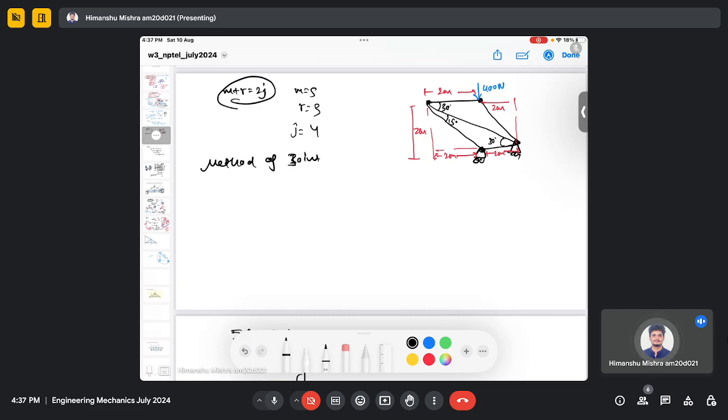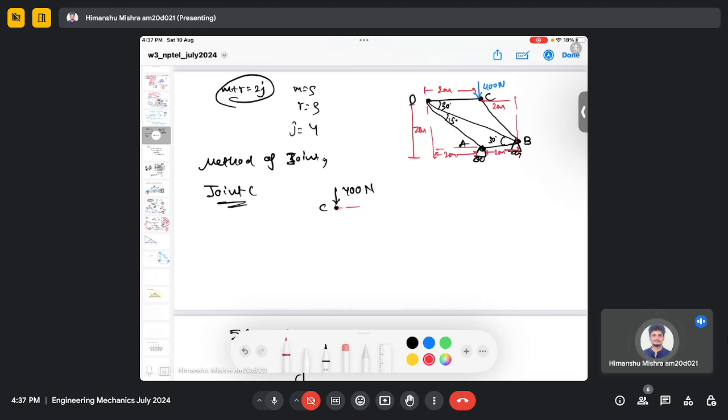It's the same concept, but I will show you that this problem is a little more mathematically involved. So consider joint C first. This is A, B, this is C, and this is D. At C there is an external force of 400, and let me first define my Cartesian coordinate system.